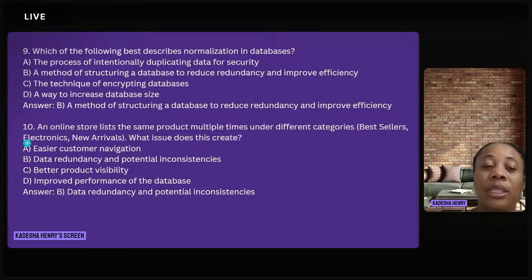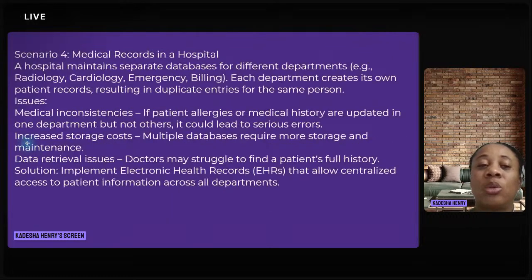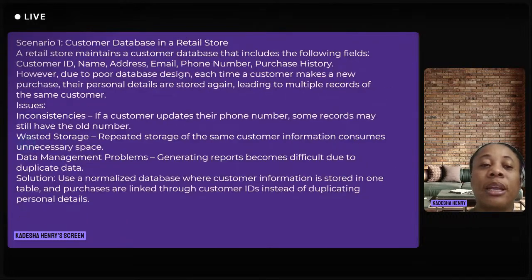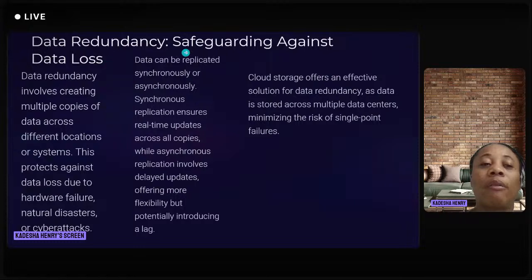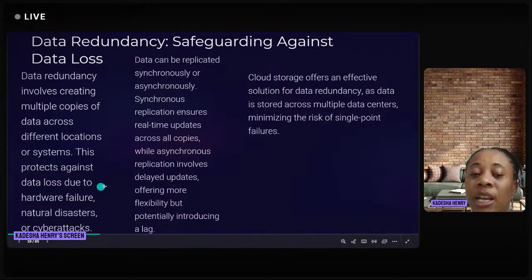Now remember what we said about the whole scenario of data redundancy. Data redundancy involves creating multiple copies of the same data across different locations or systems. This protects against data loss due to hardware failure, natural disaster, or cyber attacks.